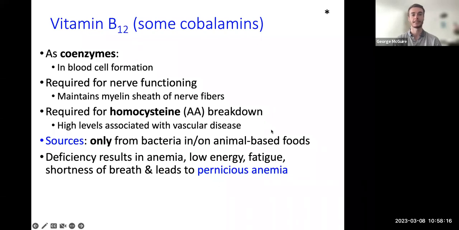And this only comes from bacteria that are in or on our animal-based foods. So whenever you're eating meats, you're ingesting a large amount of bacteria. And that may sound crazy at first, but your body is covered and filled with bacteria. If on average, an adult human body is composed of around 1 trillion human cells, so with your DNA, there are 10 times that number of bacterial cells on and in your body.